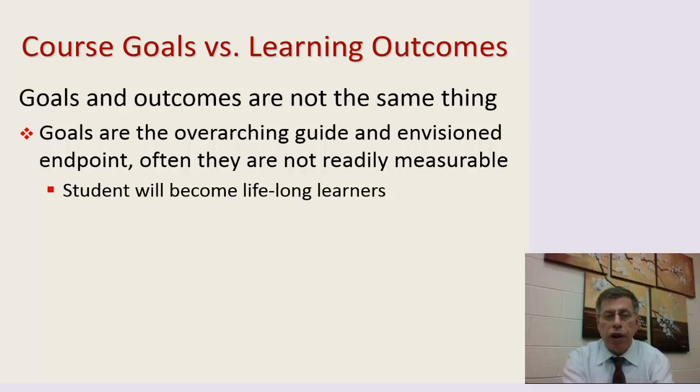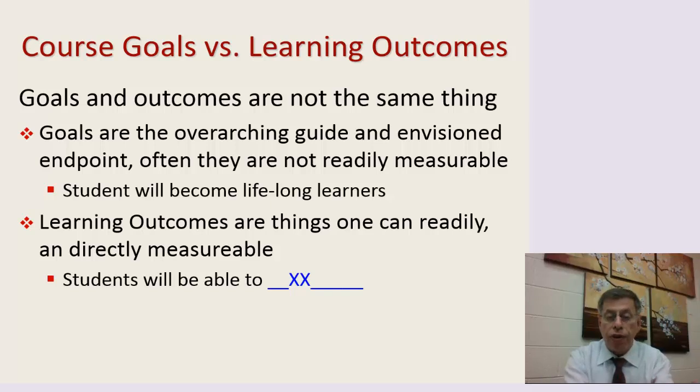For our working definition, goals are the overarching guide and envisioned endpoints, and often they're not readily measurable. A goal for many courses and many classes, and certainly a goal for a university education, is that students will become lifelong learners. It's not very clear how we would accurately measure lifelong learning in our students. It would be a very long-term project.